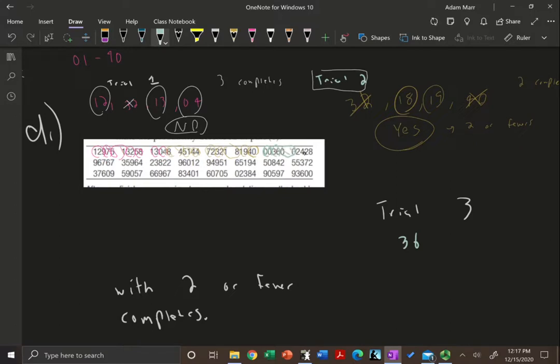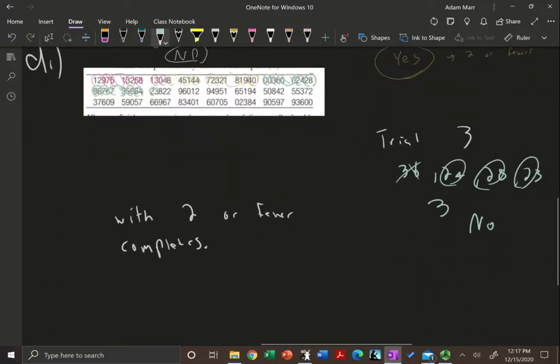That's not valid. 24 is valid. 28 is valid. 96 is not valid. 76 is not valid. 73 is not valid. 59 not valid. 64 not valid. 23 valid. All right, so right here from 1 to 30 we have 1, 2, 3. So that's 3. So this is a no.